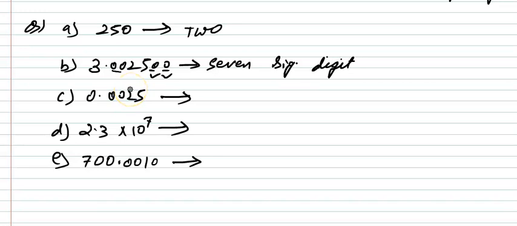Now come to the third one. How many significant digits do you have? The third has two significant digits. Getting it? Now come to over here. How many significant digits?